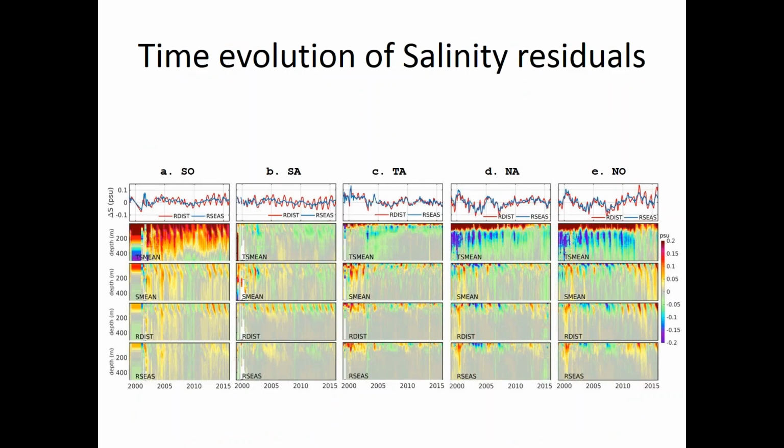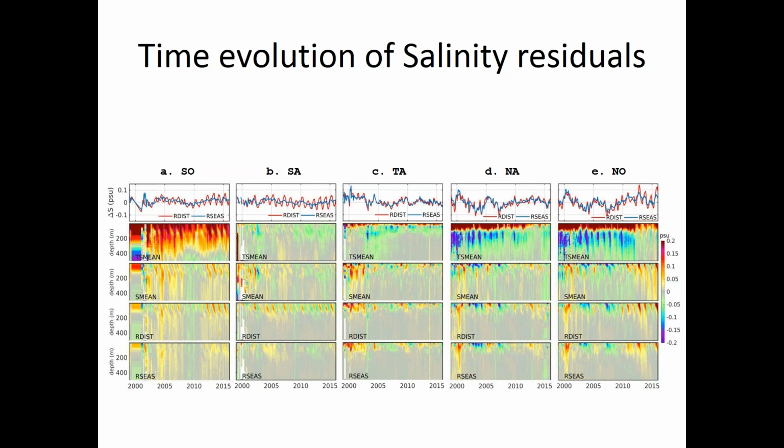If you look at the time evolution of the salinity residue, what we did here is, for each basin, we do a monthly average of all the profiles within that basin and plot it over time, since 2000, because before 2000 there is much more scarce data.